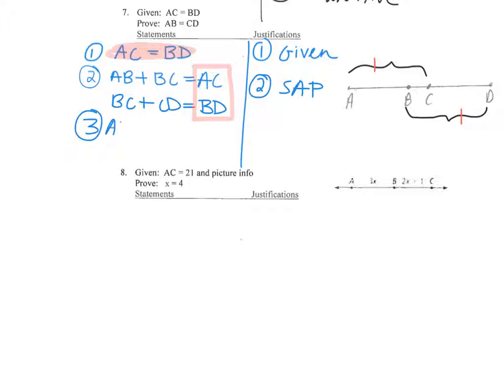You get to say AB plus BC equals BC plus CD because they're both equal to AC and BD, which are equal to each other. This is substitution. It's a different kind of substitution than we've done before.